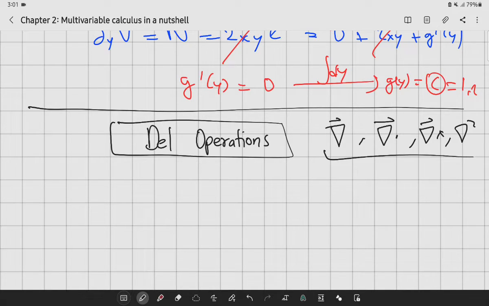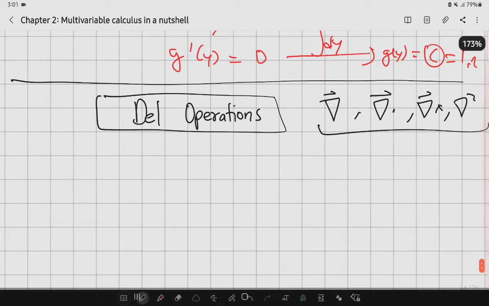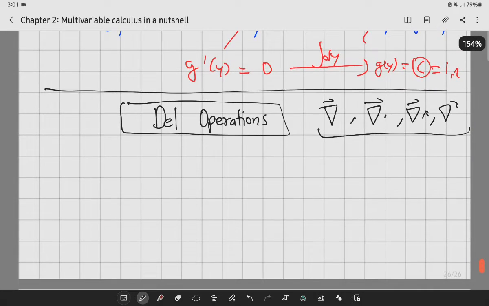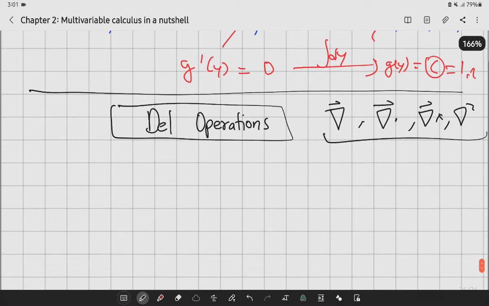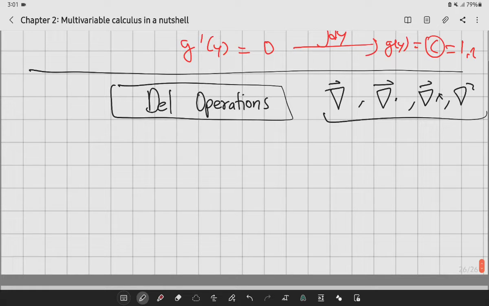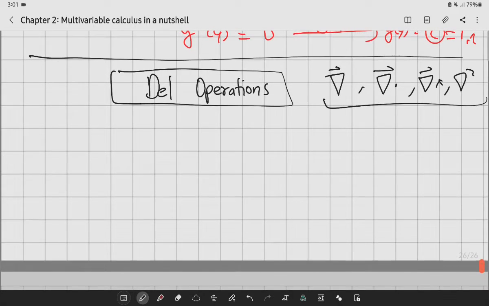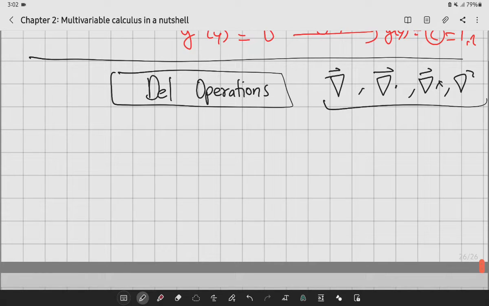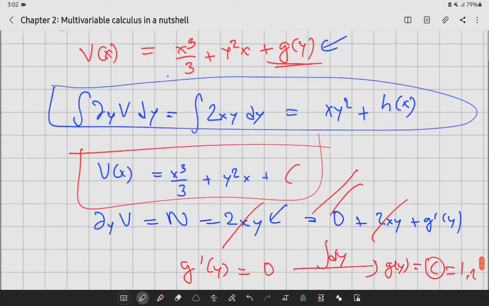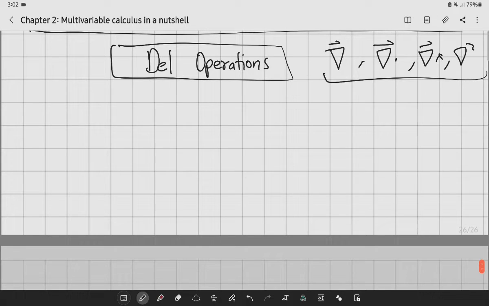These are the 4 del operations. In Cartesian coordinates, we haven't dealt with them in spherical or cylindrical coordinates. So I've kept this till the end because it's not related to any other things that we touched upon so far. And there isn't really a lot of theory behind this. You're just memorizing stuff. That's why I kept this towards the end of this chapter.